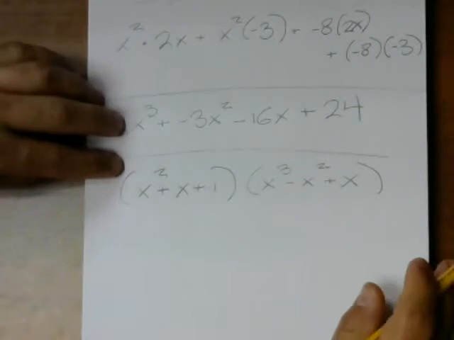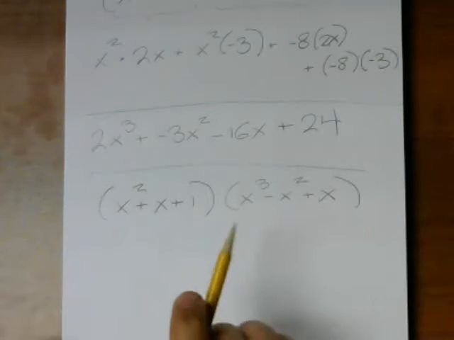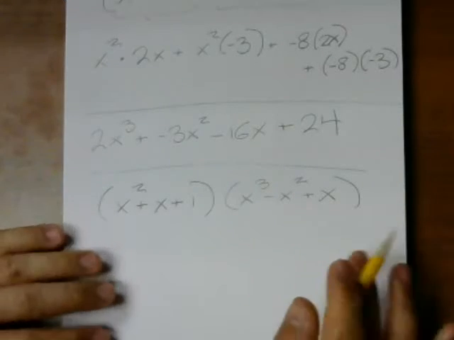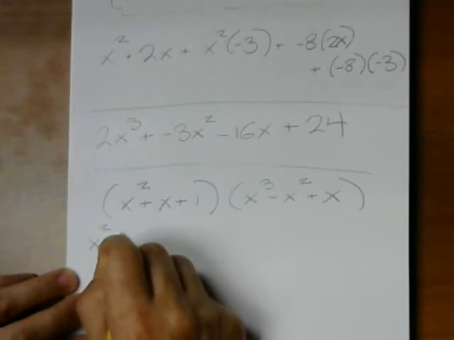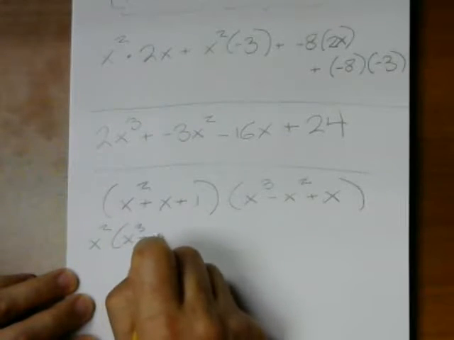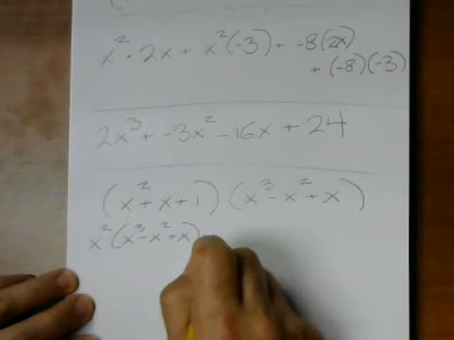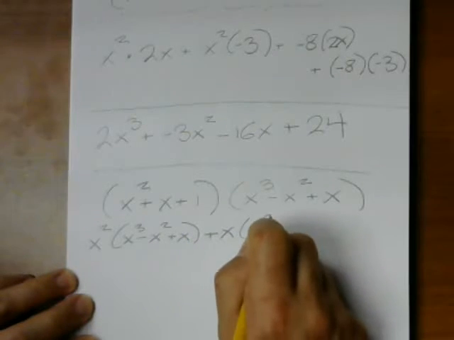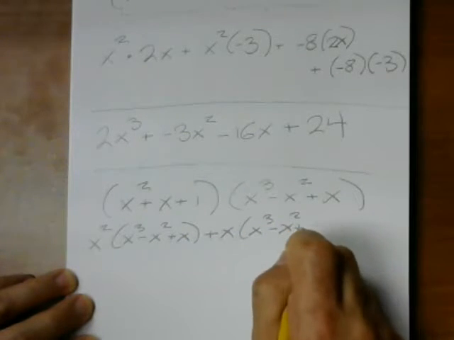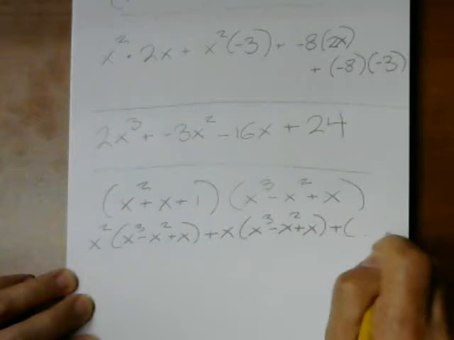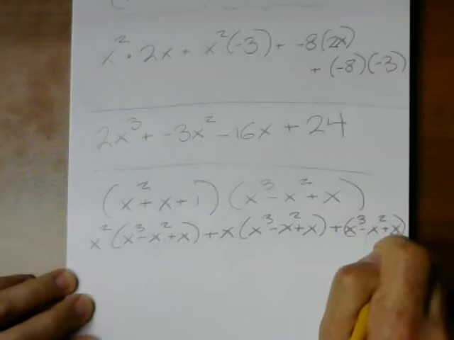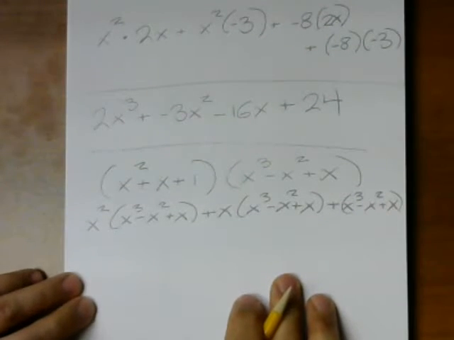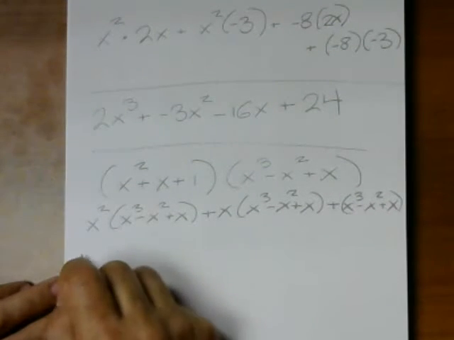Well, you know what I could do? I could make my life a little easier by just doing an intermediate step. I could say, okay, this is going to be x squared times this whole thing on the right, plus x times this whole thing on the right, plus 1 times this whole thing on the right. And then I can do each of these individually.